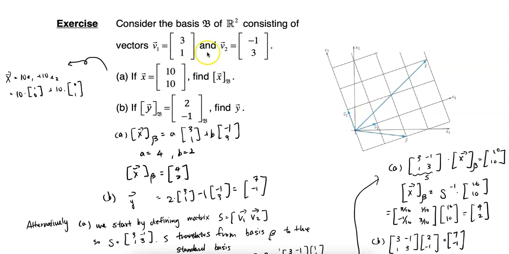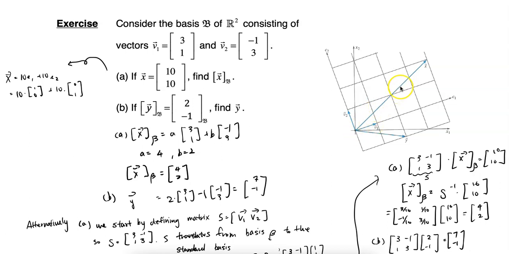So we are expressing v1 and v2 using the standard basis vectors e1 and e2. Now that we've defined a new basis, it's a reasonable choice because we have two of them and we're in the plane, so we need two, and they are clearly linearly independent. We could express any vector in the plane using v1 and v2 instead of using e1 and e2. And that's what we're going to do.